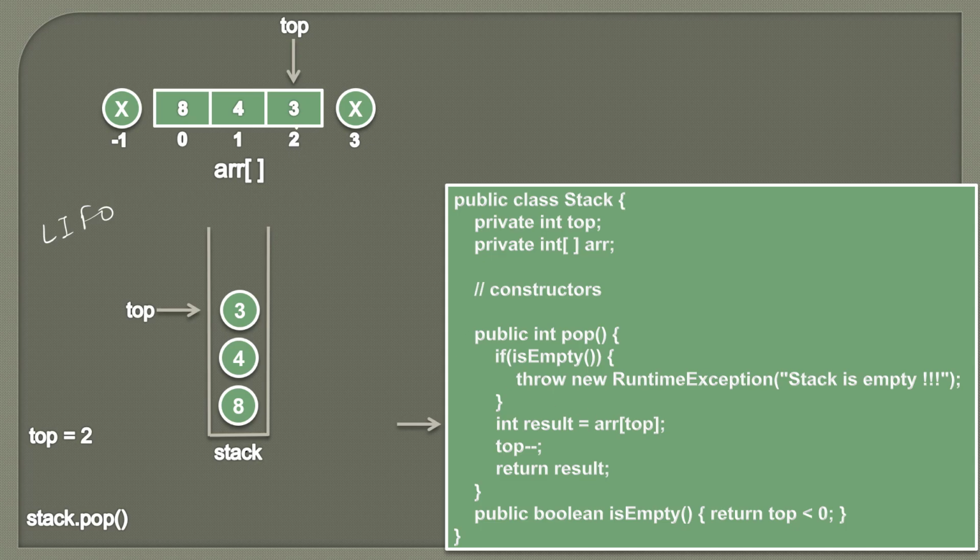So we are assigning value 3 to result, and after assigning this value, we can simply decrement top. So top becomes 1 and it looks like 3 is popped out from the stack and top is pointing to the element previous to it, which is 4, and at the end we simply return result. So value 3 is returned from this method.